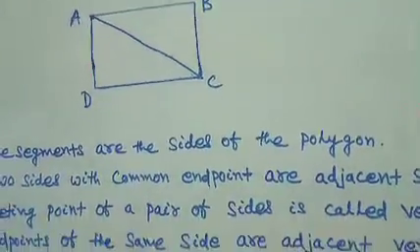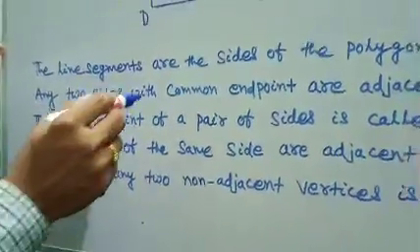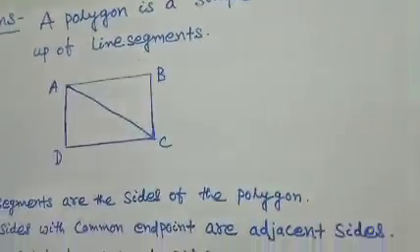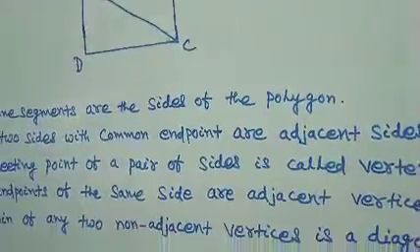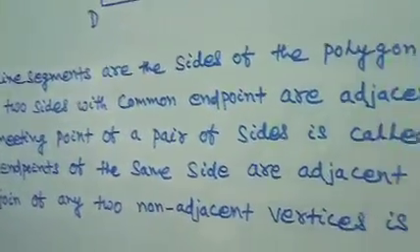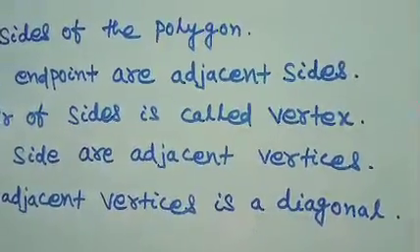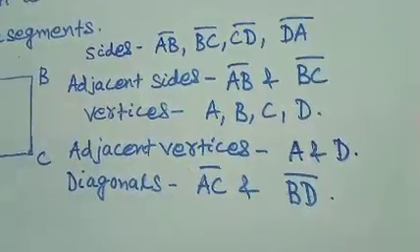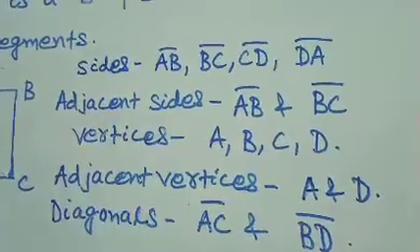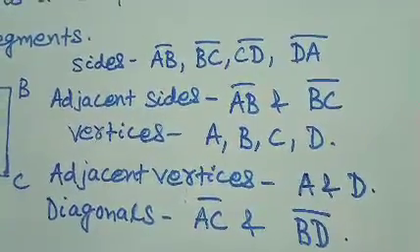Okay, these are all the parts which are necessary for a polygon. Note it down properly. Now we will name the different parts of the polygon according to its name.